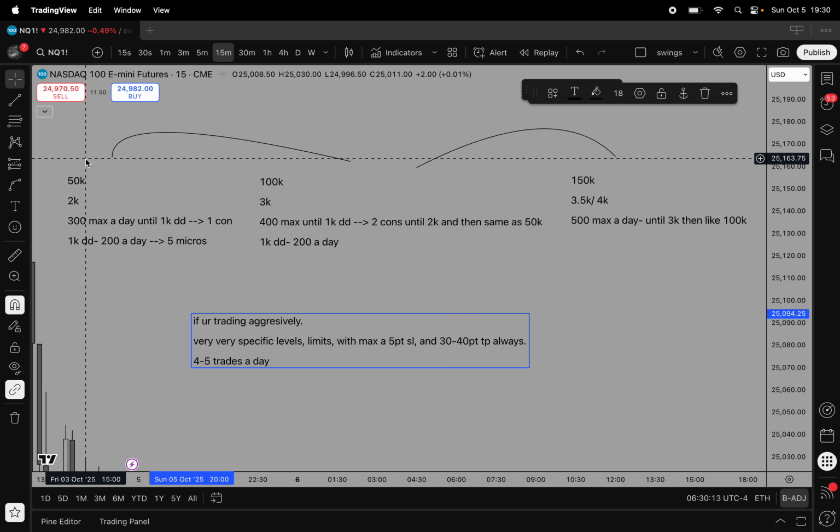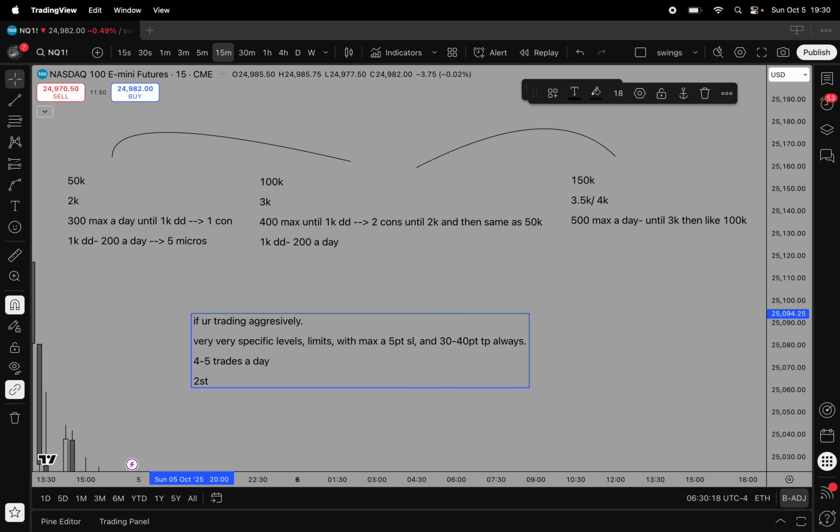And then just follow exactly the same as here. So on the day, I would trade pretty much the first 2 trades. If it hits, I would just trade pretty much one contract, and from there 5 micros. What's that going to do?